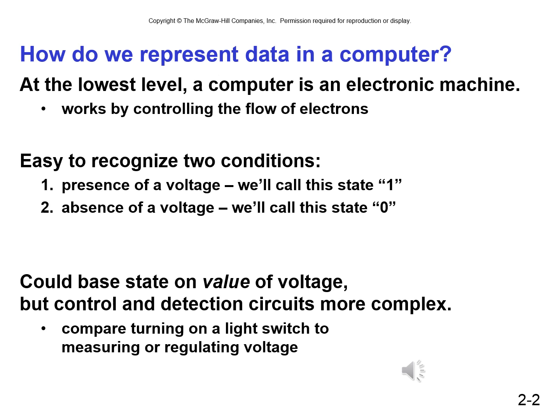This works by controlling the flow of electrons. There are two conditions at the smallest level of detail in a computer: the presence of a voltage, we call state 1, or the absence of a voltage, we call state 0. Now, you've all seen this in everyday life.